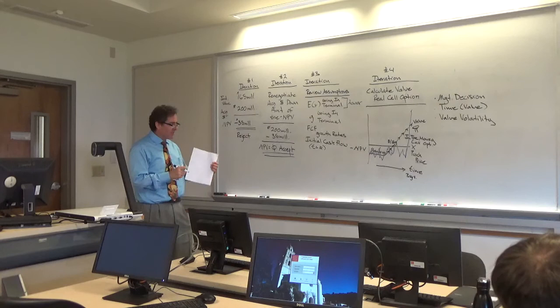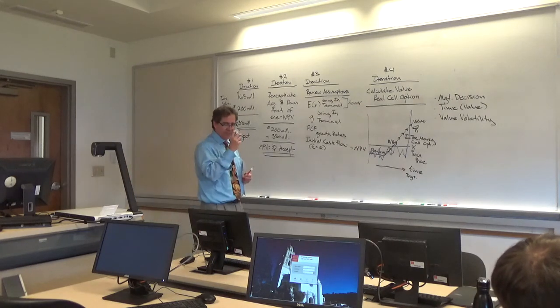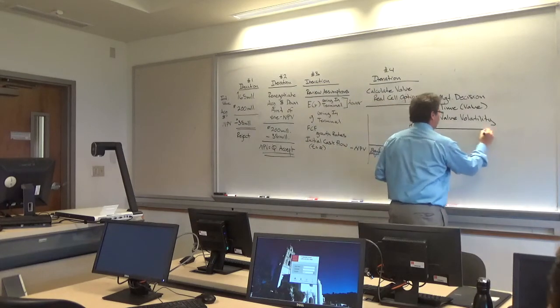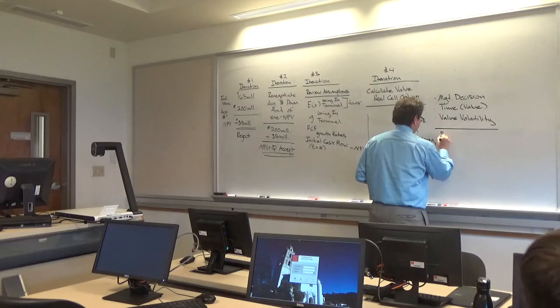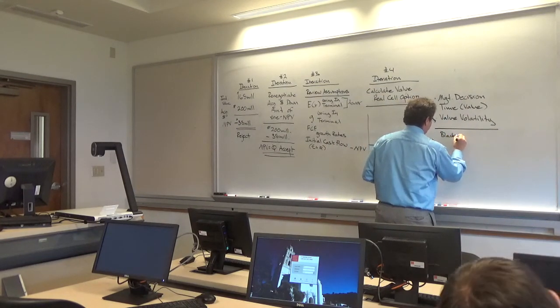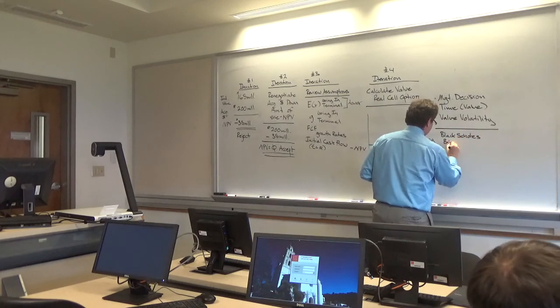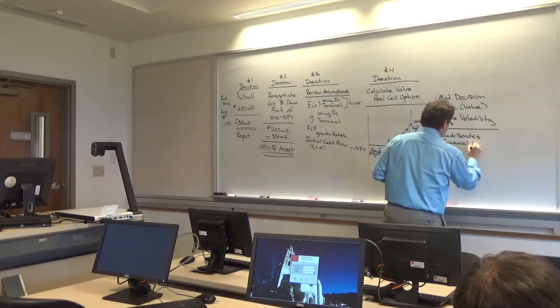So this is a methodology that basically quantifies, and you can actually calculate this stuff. The value of these real call options using what's called a Black-Scholes, or a binomial tree.